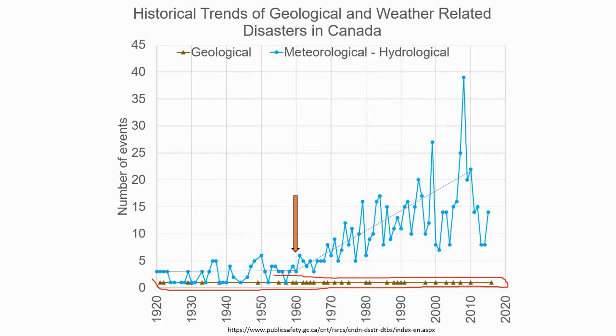Like, we don't get over one a year in that whole 100-year time span. If you look at the events for the meteorological and hydrologic, which they've lumped together and I've just left together, you can see that it's fairly stable. I mean, we get ups and downs, but it's fairly stable until about 1960. And then after 1960, it starts to rise.